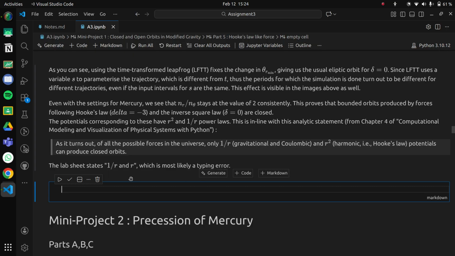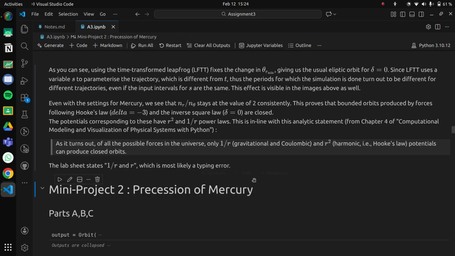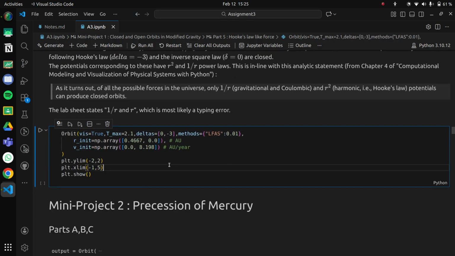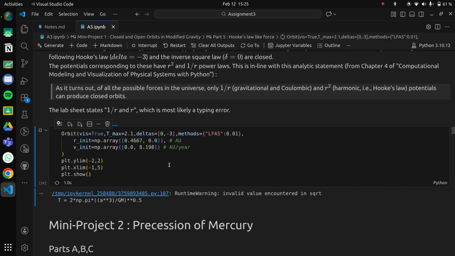Just have a new cell, create this, and then have leapfrog additive step and not have 0.001. Also your tmax should not be this big, I guess. I'm just gonna pass in 2 to see what kind of plots we're gonna get.